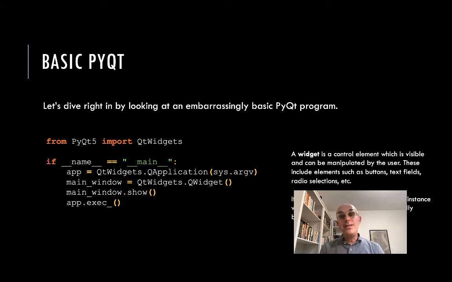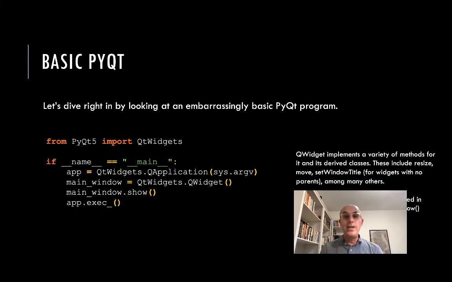The widget is basically the control element which is visible and can be manipulated by the user. Those include elements such as text fields, radio buttons, or forms, or anything that is connected. If you create a widget by using a QWidget instance without a parent widget, it will automatically become a window.